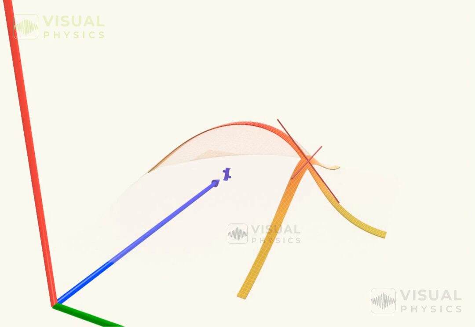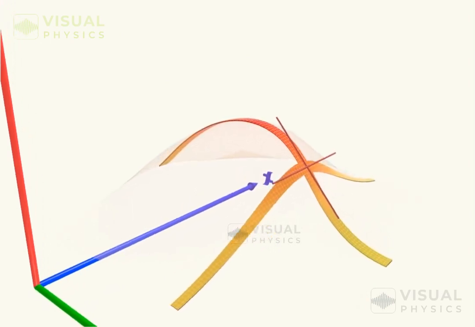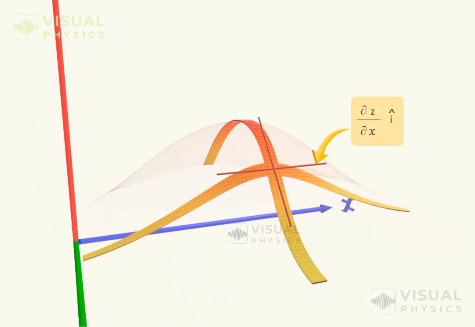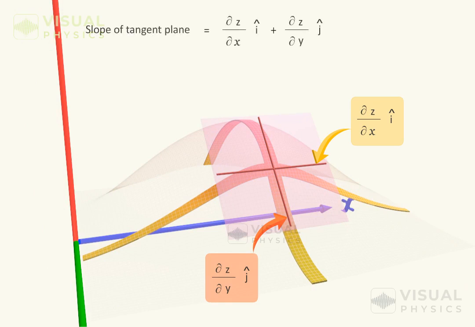Using these two slopes together, we can say that the slope of the tangent plane at this point will be the vector sum of the slopes of these tangent lines. This is what is meant by partial derivatives.